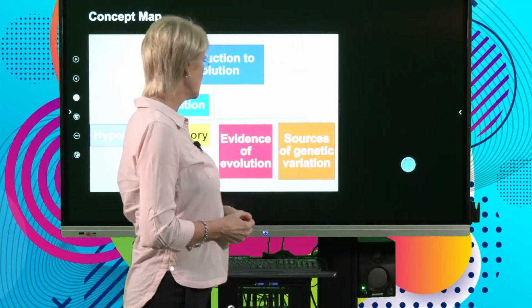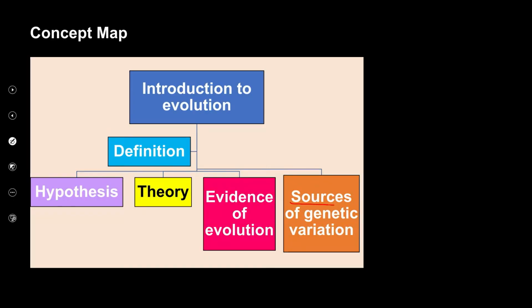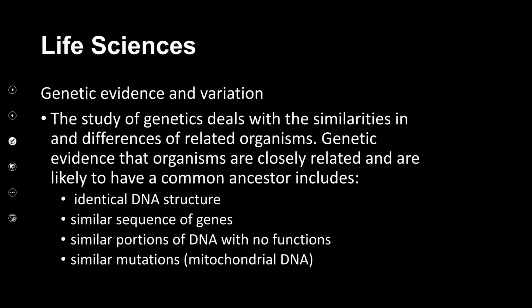Now what we're going to do is have a look at the sources of genetic variation. We spoke about genetic evidence, and now we look at where variation comes from.